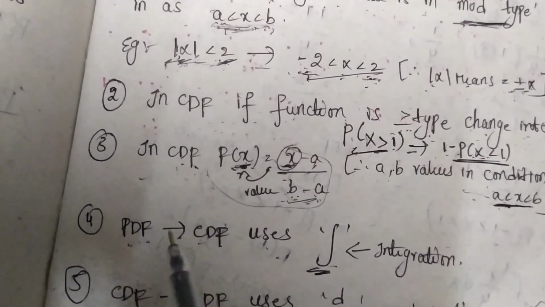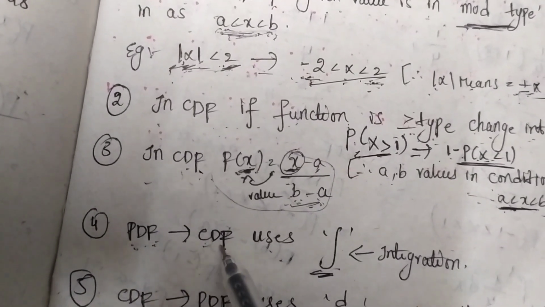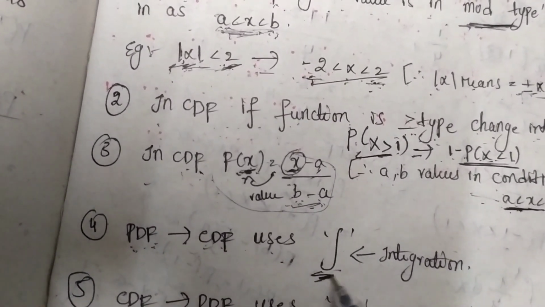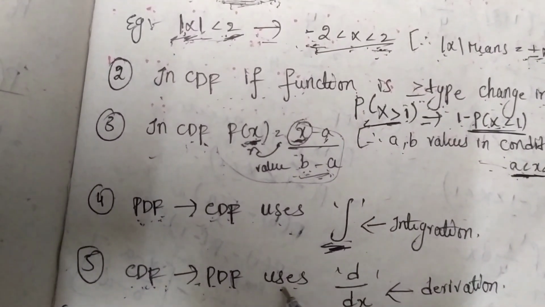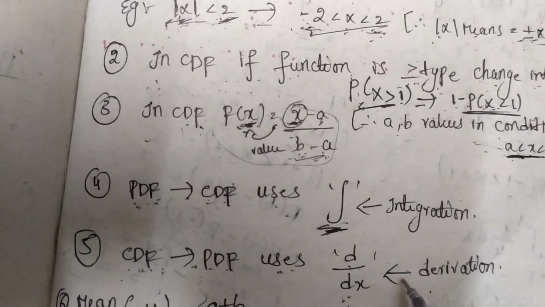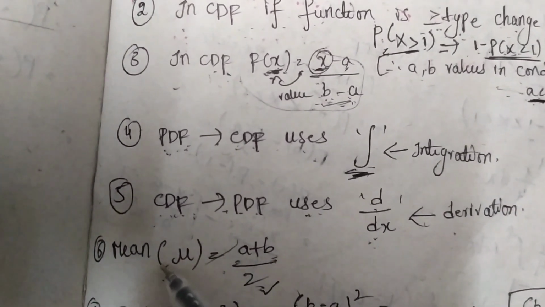The fourth one is, to convert the probability density function to the cumulative density function, we use integration, and for the cumulative density function to the probability density function we use d by dx, that is the derivative method.